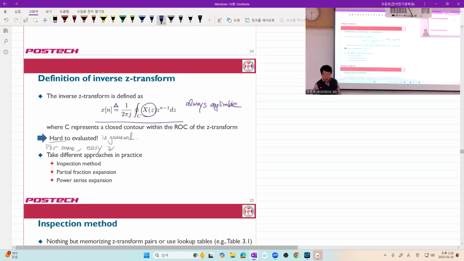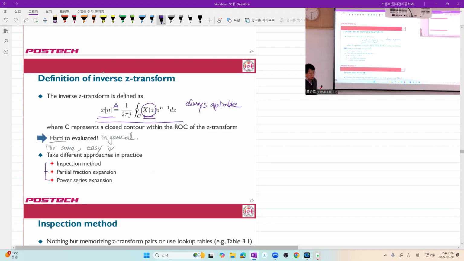But we are not using this contour integration to find the sequence from the Z transform, but we prefer using well-known properties of the Z transform we've already seen. So there are many tricks to compute the inverse Z transform, but we will see three methods.